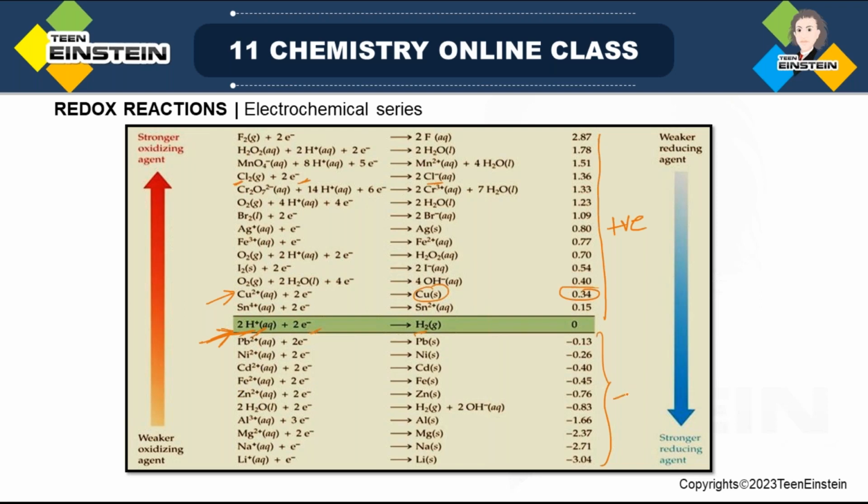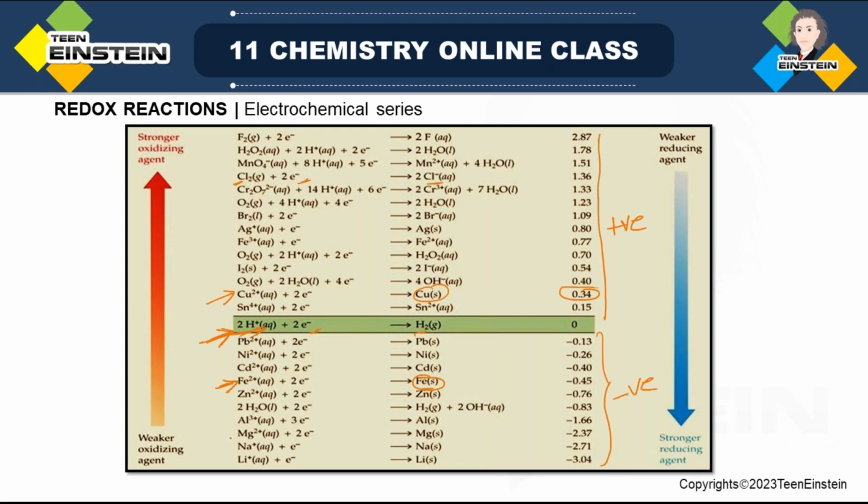But if you choose any system from the negative values, suppose you have chosen the iron 2 plus iron system, in that case Fe will be acting as the reducing agent. It will feed electrons to H plus, and H plus will be converted to H2.